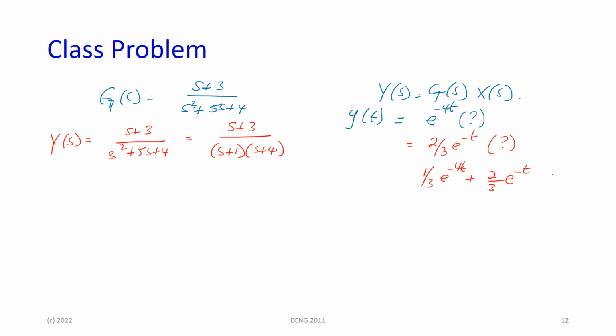Right, so this is the final answer, right? Okay, right. So these two were wrong. Anybody else get this? Right. So the approach, of course, was this, and then you broke it up into partial fractions, and then you solve for A and B. Right.